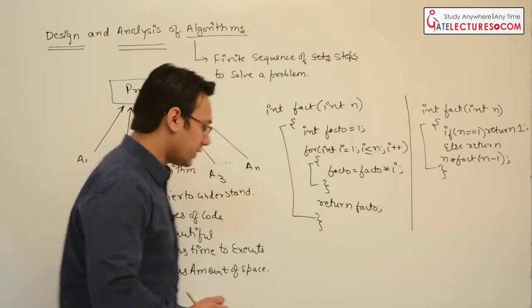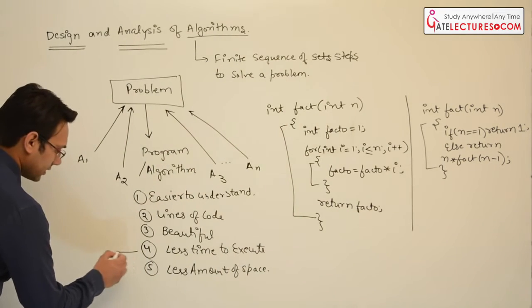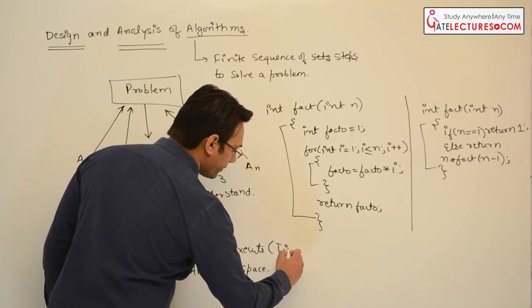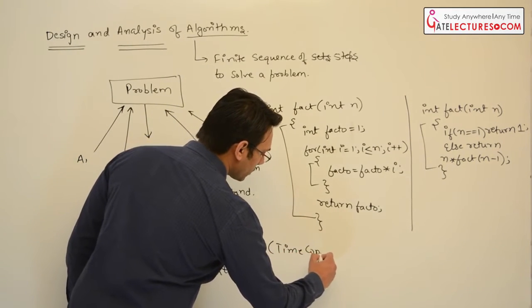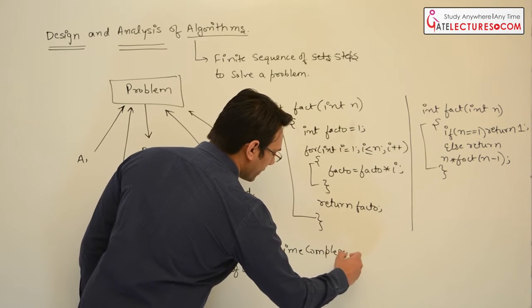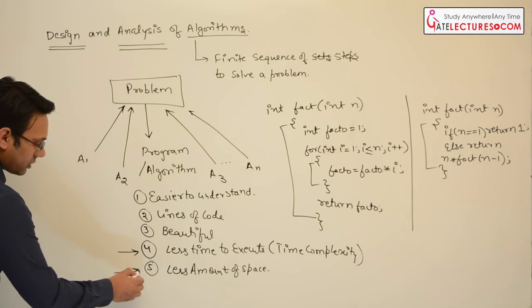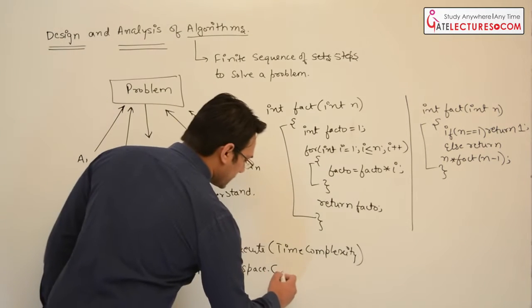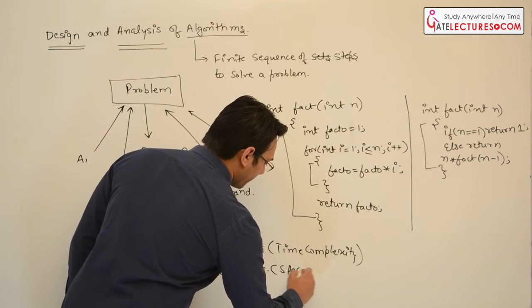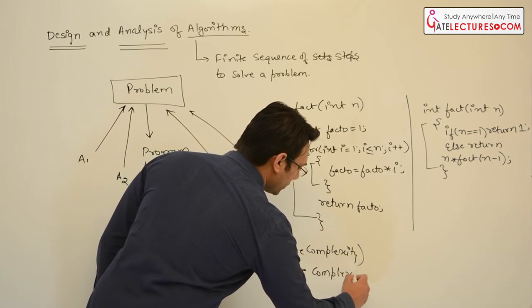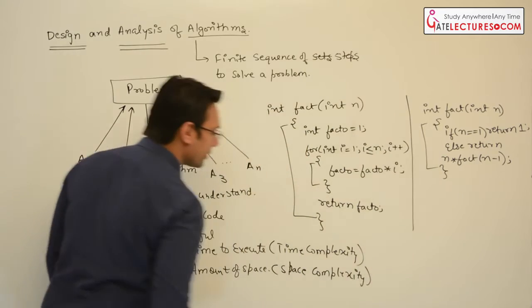For that purpose, we use something called the time complexity of the program, and the space complexity of the program. We have time complexity and space complexity.